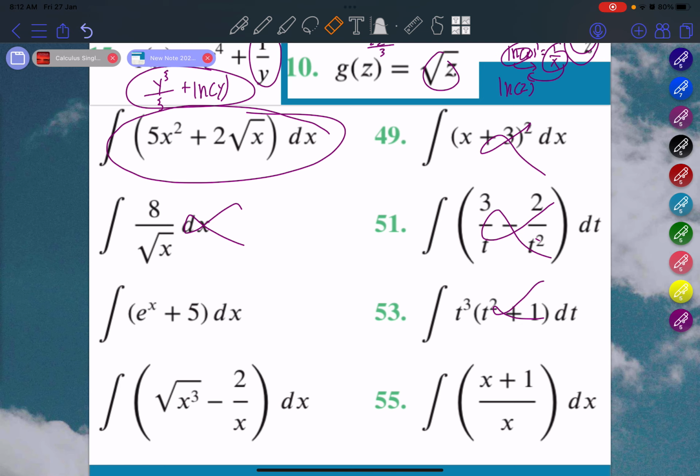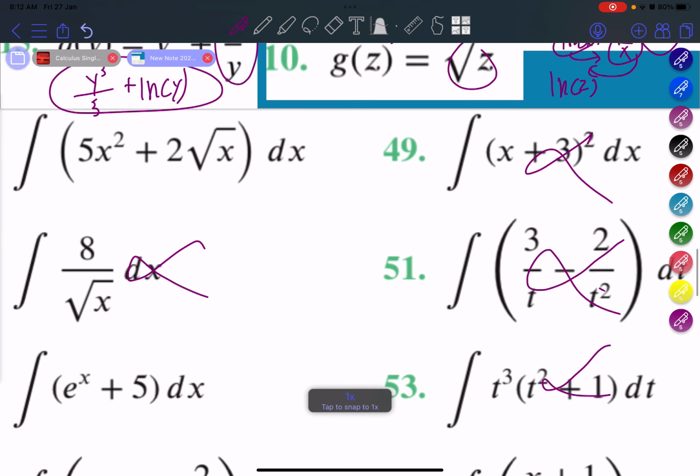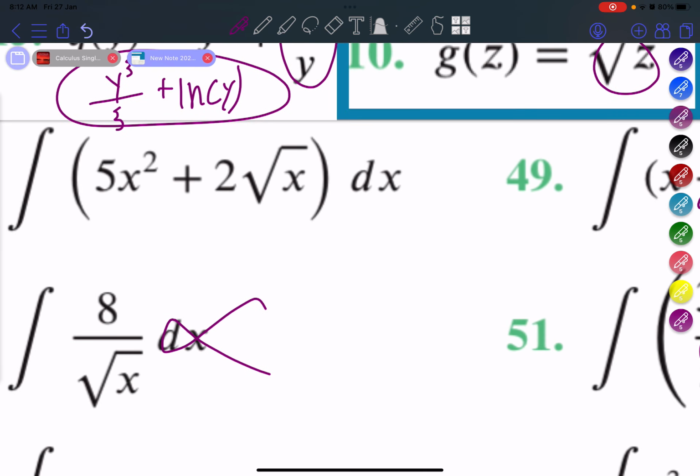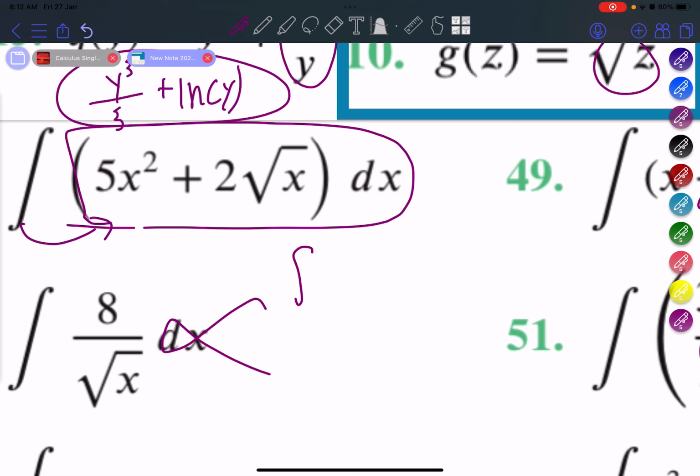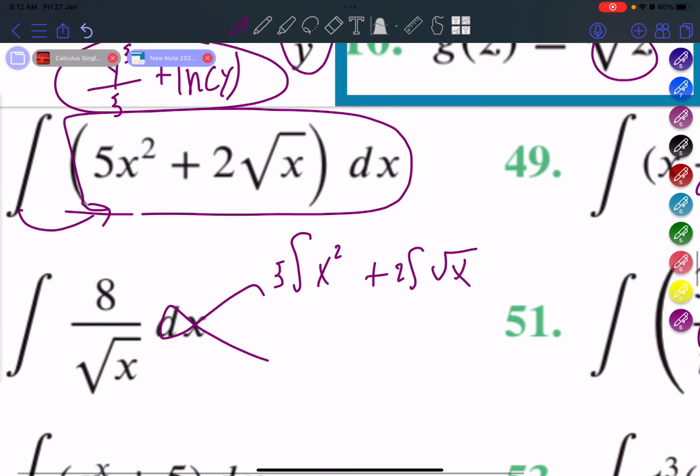So let us begin. Integral of 5x squared plus root x. As we said, we'll distribute the integral, so 5 goes back, it becomes x squared, plus the integral of root x.